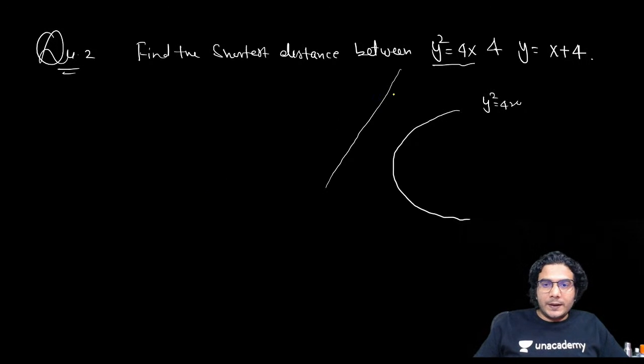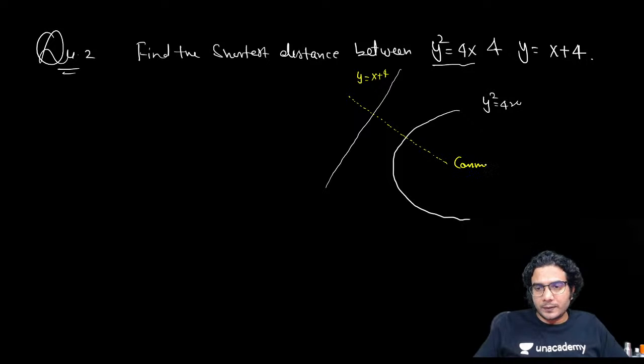Any line which is perpendicular to the given line y is equal to x plus 4, and normal to the parabola. The common normal will look like this. This is the common normal, right? So you can see this is going to be the shortest distance.